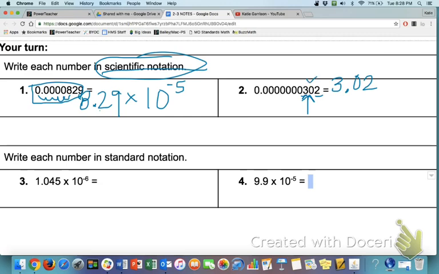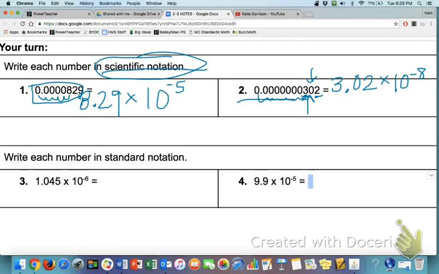The 0 in between becomes significant because it's between 2 other numbers, but all of these front zeros we do not need to include, and if there were any behind, we don't need to include those either. Those are not considered significant digits. So 3.02 times 10 to the negative, because it's a very tiny number. Let's see how many times we move that decimal. Looks like 1, 2, 3, 4, 5, 6, 7, 8. So -8. 3.02 times 10 to the -8.